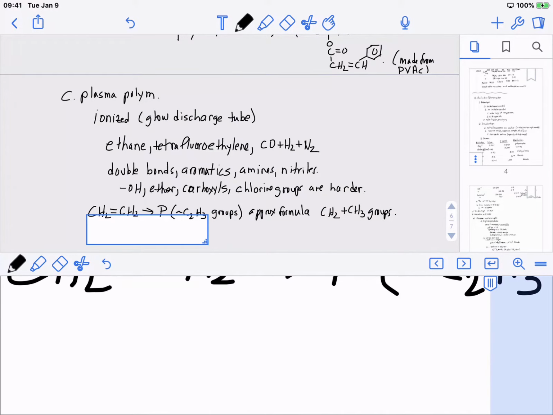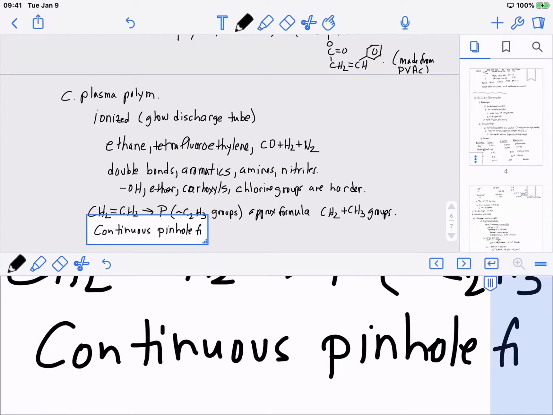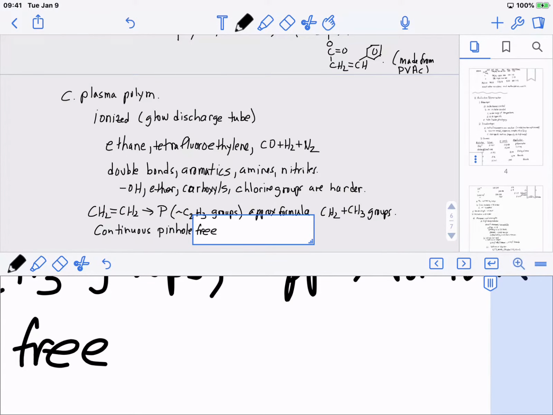These things generally produce continuous pinhole free coatings. It can be used for a number of things like reverse osmosis.